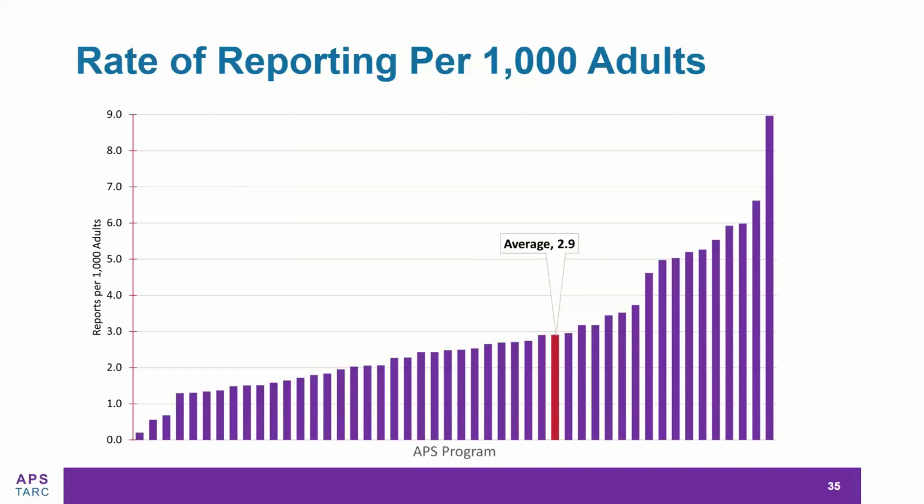I will say, if you look at this in terms of a bell curve, most of these programs fall kind of in the middle, but you still have this huge range of outliers, which indicates that there are some significant differences in the way APS is understood and responded to in different states around the country.